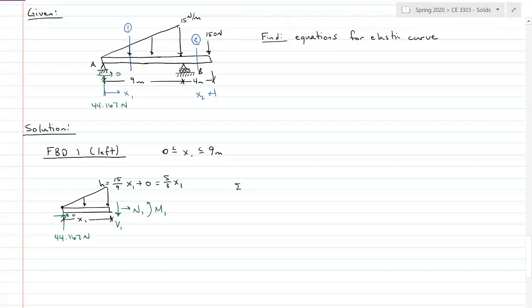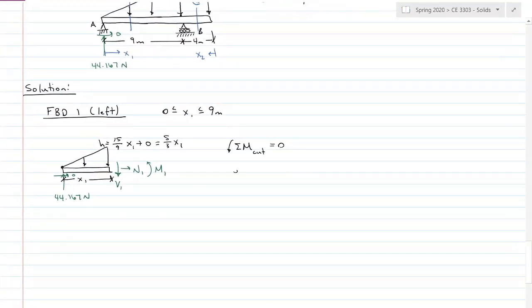So I'm going to go straight to my moment, summing moments about the cut or the section; counterclockwise is added to the equation. I have 0 is equal to minus 44.167 times x1 plus my distributed load, so that's 1/2 base times height, and then the distance to its centroid from the section, so it's going to be 1/3 x1, because I do 1/3 from what I call the big end, plus m1.